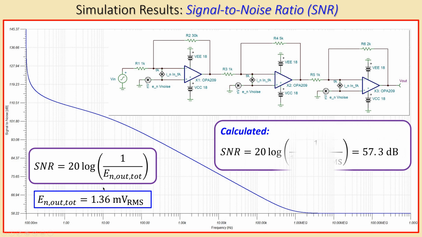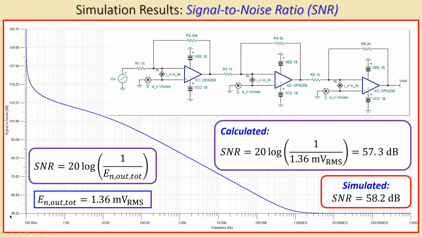In our original case it was 57.3 dB, but if I now look at the simulation, it is 58.2 dB. This difference is due to the higher output noise voltage. So if you use the 1.246 millivolts RMS here, you will get these two values very close to each other, the simulated and the calculated SNR values.